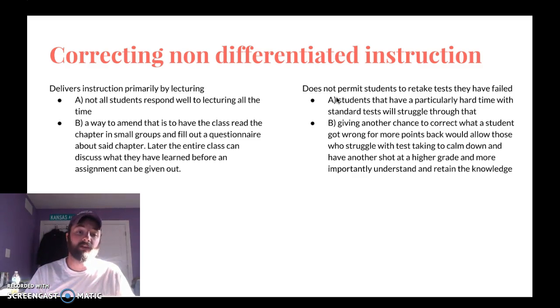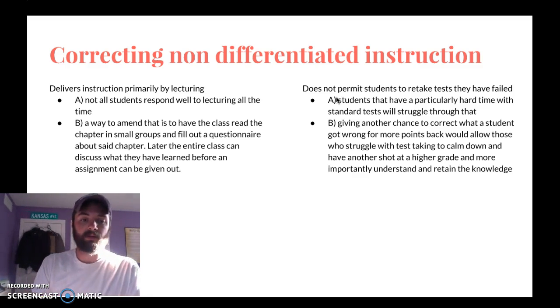The example I gave here is split up into small groups, read the chapter, discuss the chapter in your small groups, write your discussion down, answer a little bit, and then we come back to the big group, discuss it again, make sure everybody's on the right page, and then we have an assignment. Another way would be reading out loud in class, although I'm not too high on that.